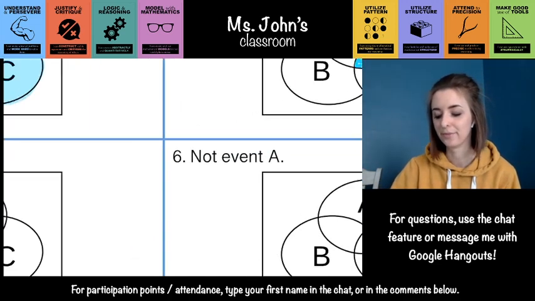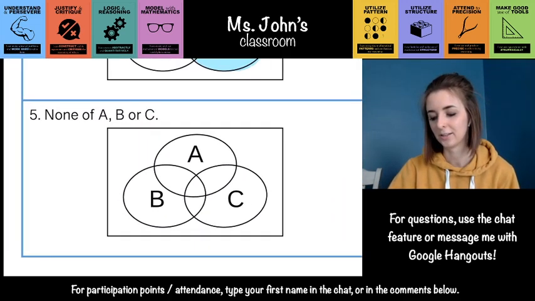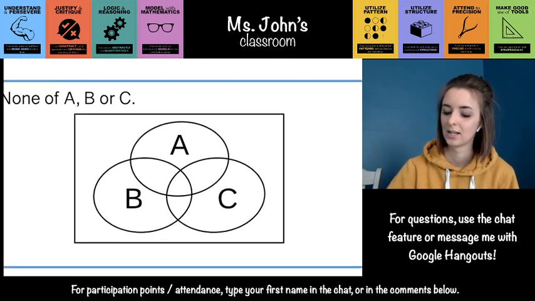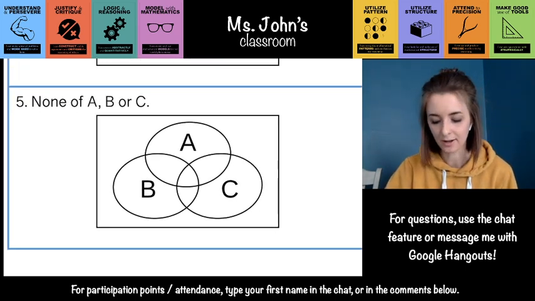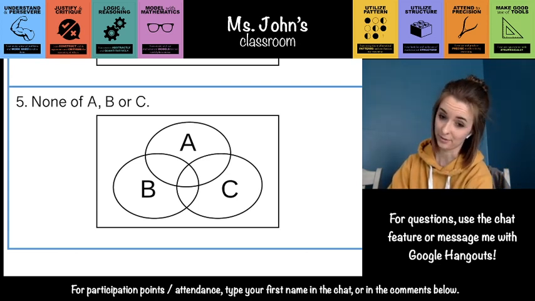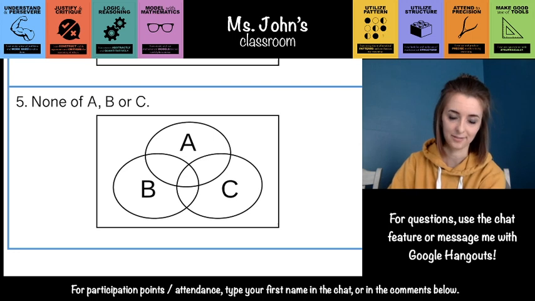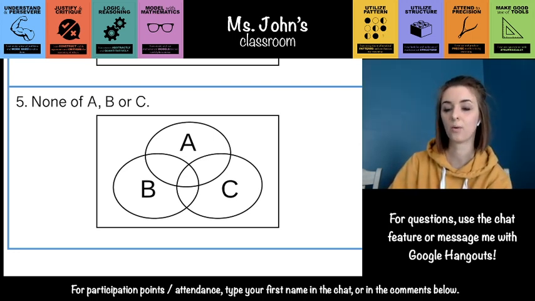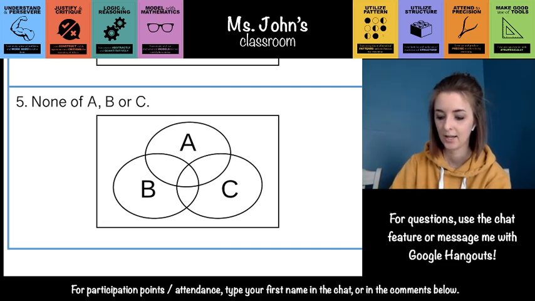And now we get into some nots down here. This one says none of A, B, or C. So like we talked about in number 2, this is the opposite of that, right? We're saying none of these events are occurring, not one of them, not all of them, not any two of them, none of them, right?